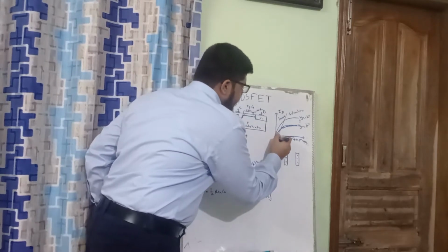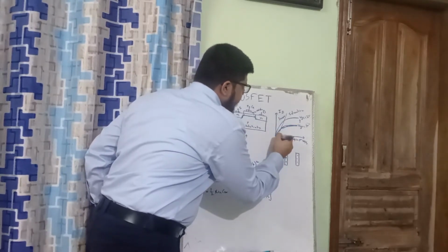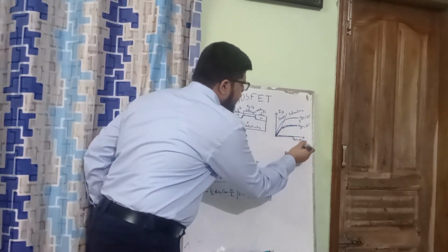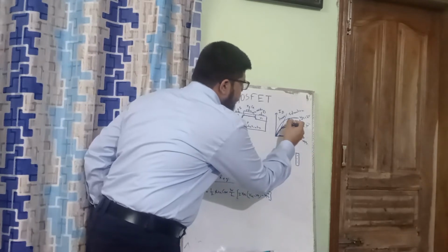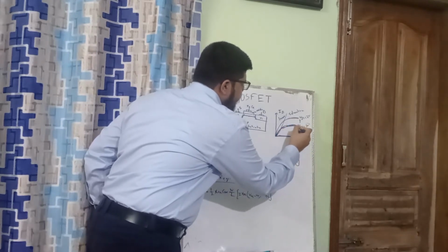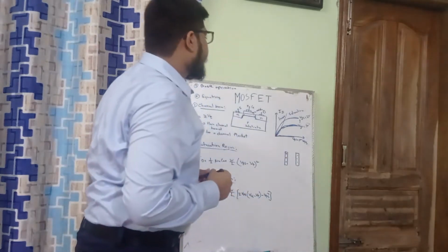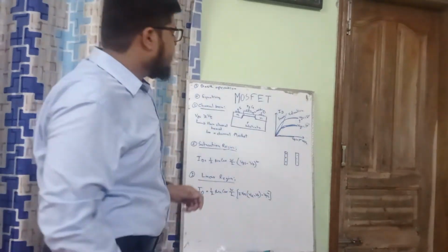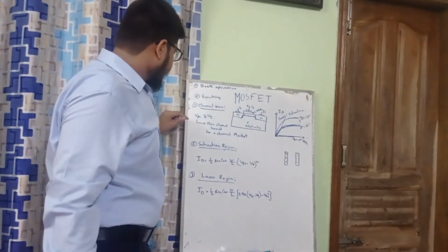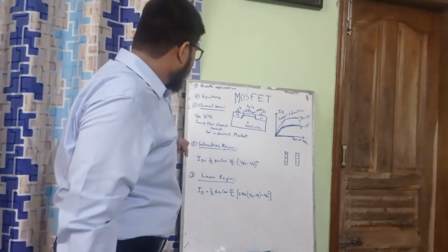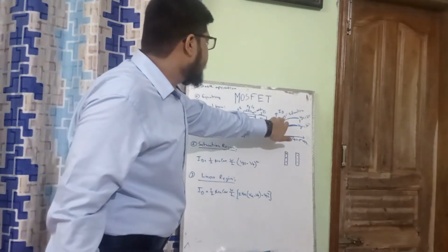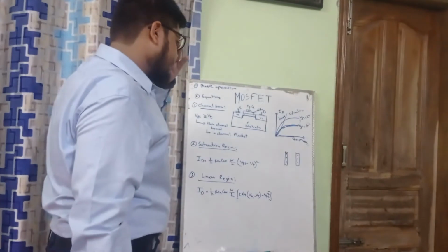Here you see the current is increasing almost linearly with the drain to source voltage, but almost saturated in this region. And so the transistor works in two modes, the linear mode and saturation mode.